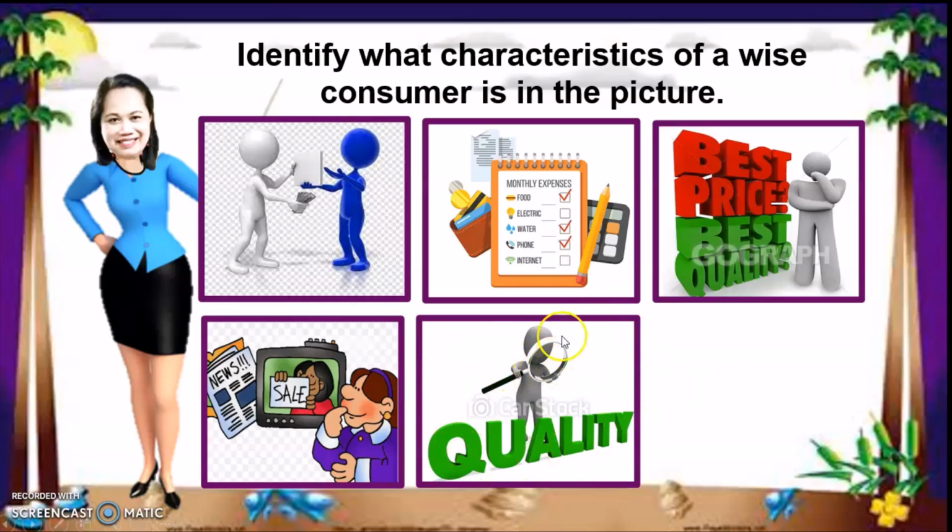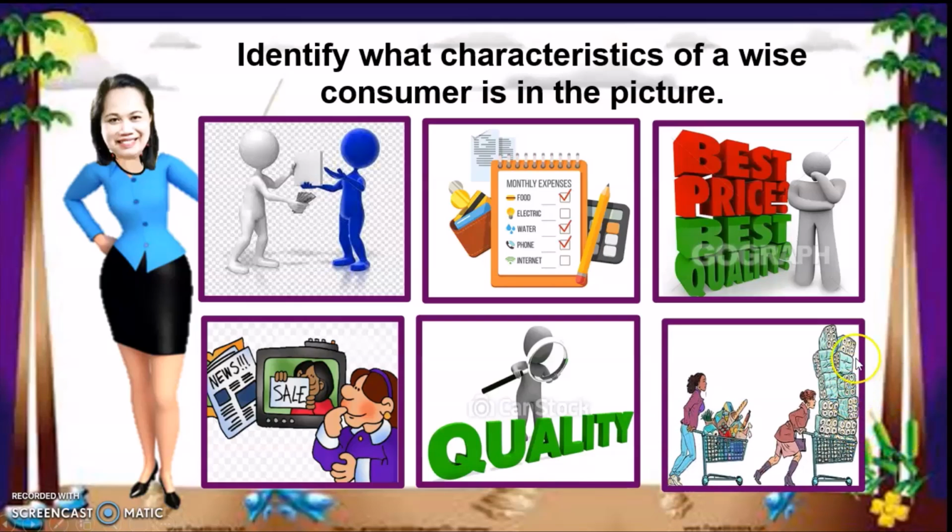Okay, there is a person who is looking. Okay, and then the next one is, okay, the two girls are buying too many products. What characteristics of a wise consumer is that?